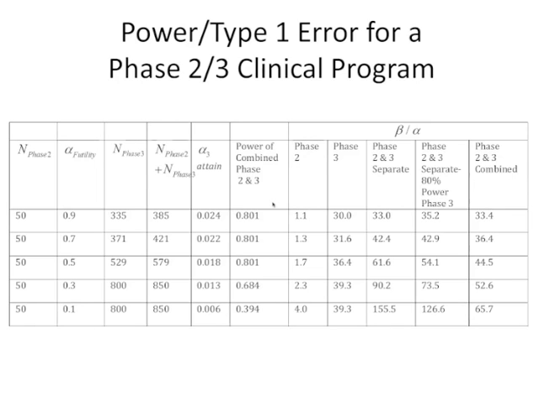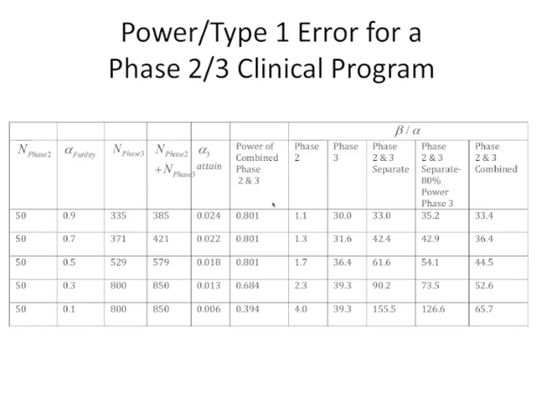What's also interesting to note here is that as the futility boundary becomes more strict, the sample size in phase 3 has to increase to attain the desired power, and after some point, the power has to decline regardless of what the sample size is. So for example, with a phase 2 threshold of alpha equals 0.90, the sample size required to achieve 80% power for the combined phase 2, phase 3 program is 335.